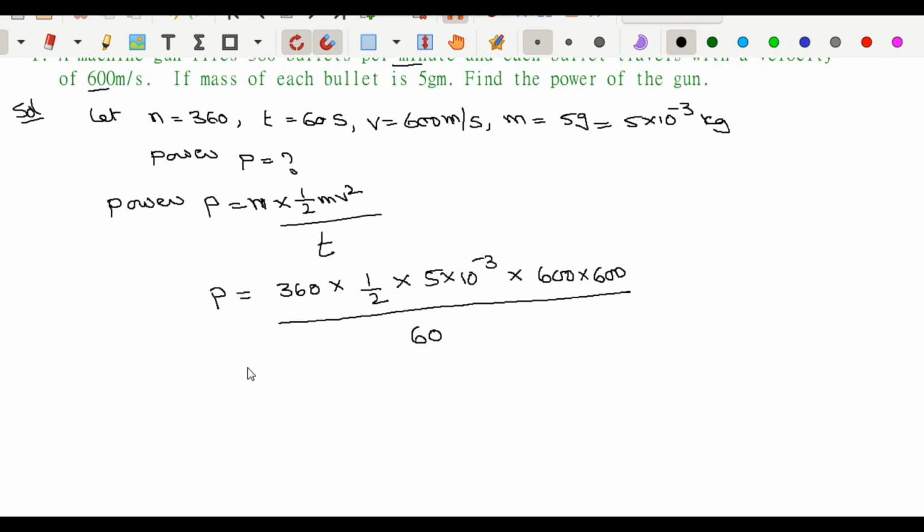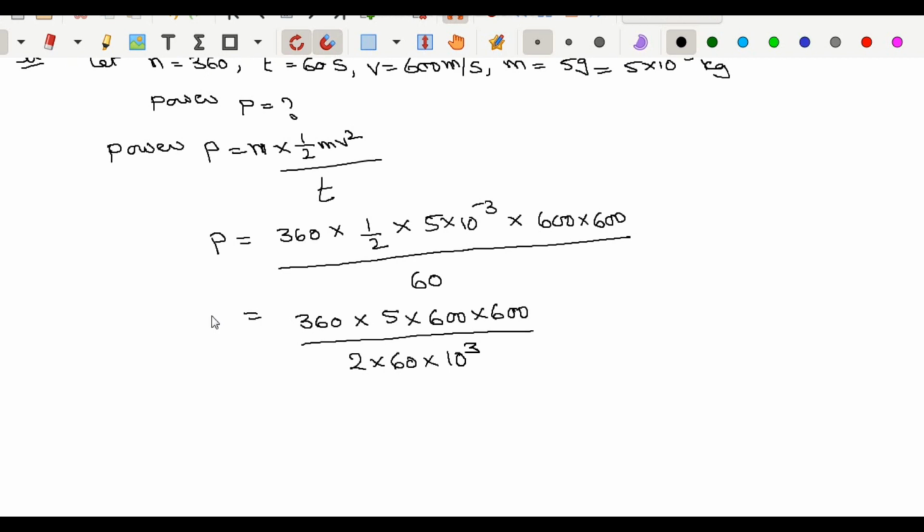Now I will rearrange these numbers. I will bring this 2 to the denominator and this 10 power minus 3 to the denominator. That means 360 into 5 into 600 into 600 divided by 2 into 60 into 10 power 3.